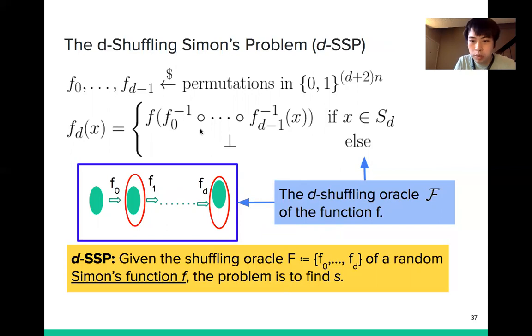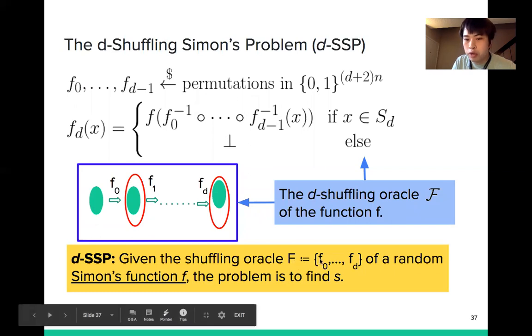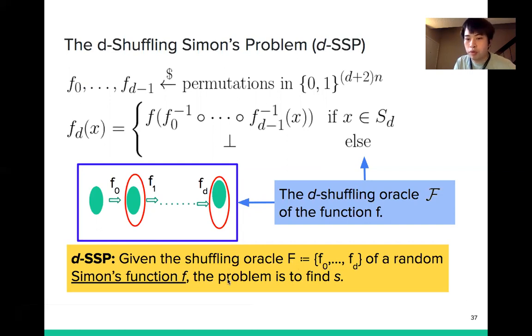So you are given some Simon's function f, then you use big random permutations to randomly shuffle the function, and then you will have some function fd to map everything back to f. And the problem is very simple. Given the shuffling oracle F, which is defined by f0 to fd of a random Simon's function f, the problem is to find the small s, the hidden shift.